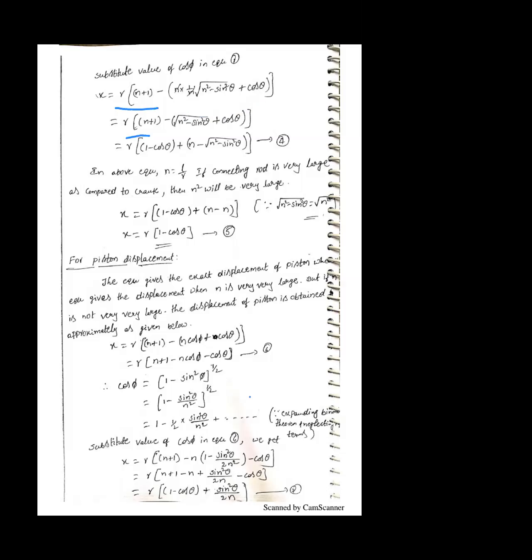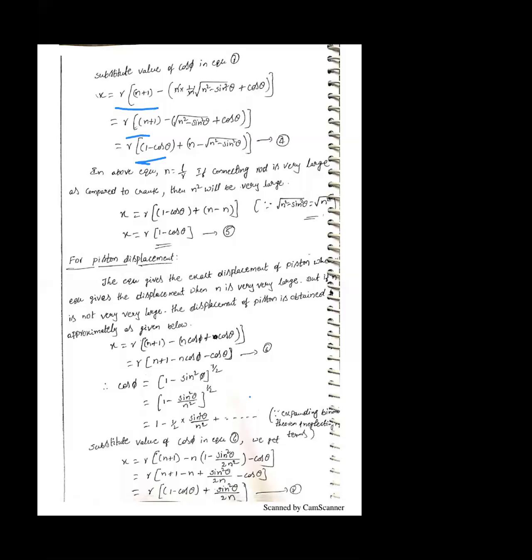All of you observe that. It may also be written as r equals 1 minus cos theta, n plus 1 is there. The minus sign is given to cos theta when we send it to the negative.